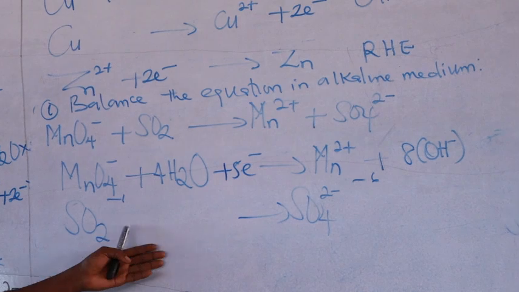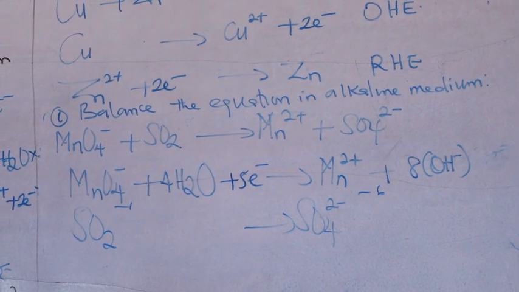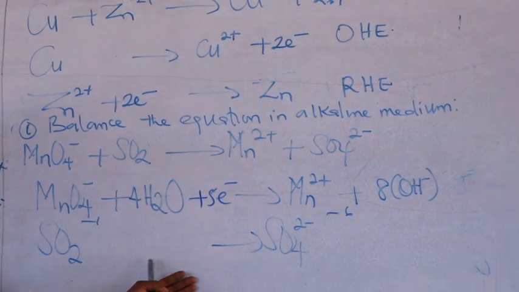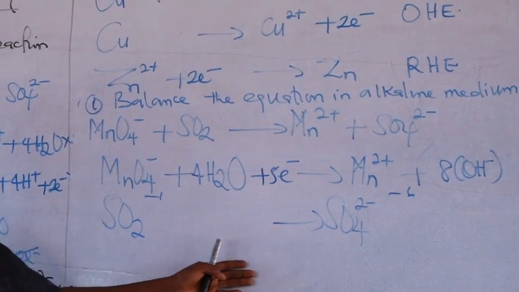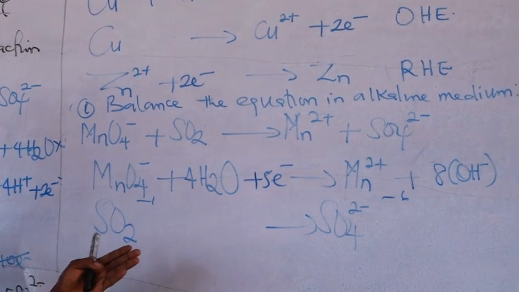Then we do the same for the second equation. What is the difference in oxygen atoms here? 2. Now, how many water molecules are we having here?